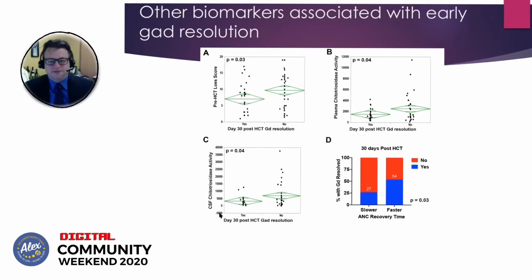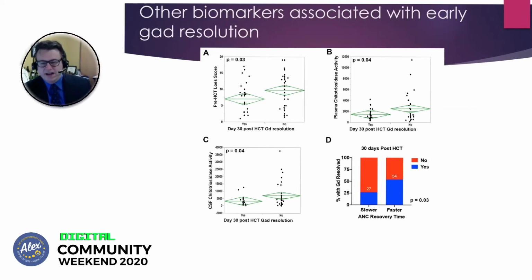gadolinium resolution. And then I looked at neutrophil recovery time after transplant, which is essentially a measure of how soon does your immune system recover after transplant. In this case, it would be the donor immune system. And so I basically made a cut time of 16 days post-transplant, and I put the boys in the categories of, did they recover their immune system faster than 16 days or slower than 16 days?